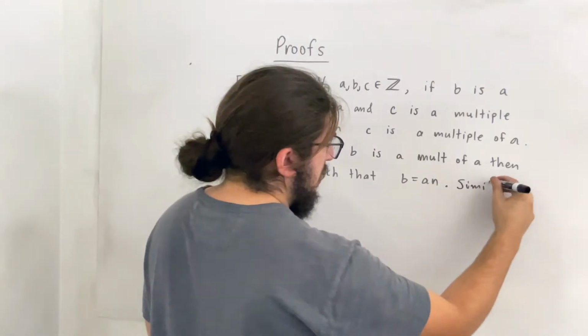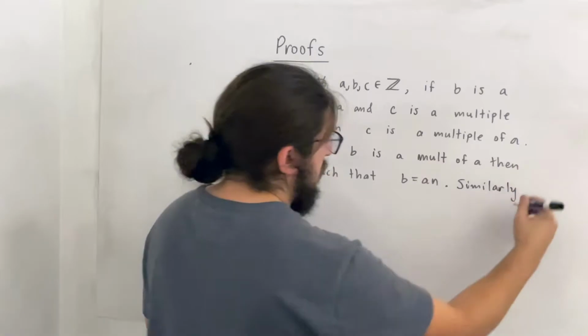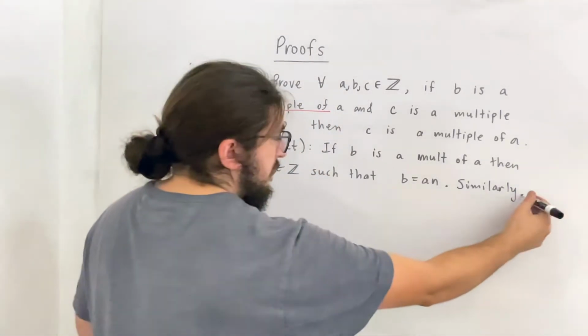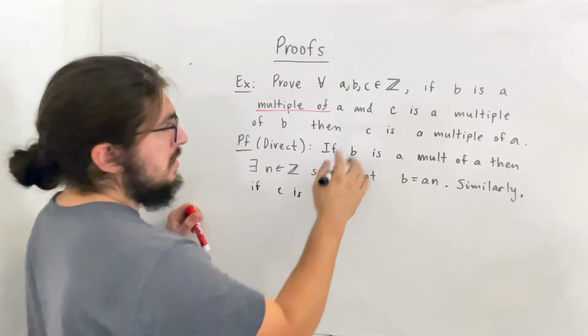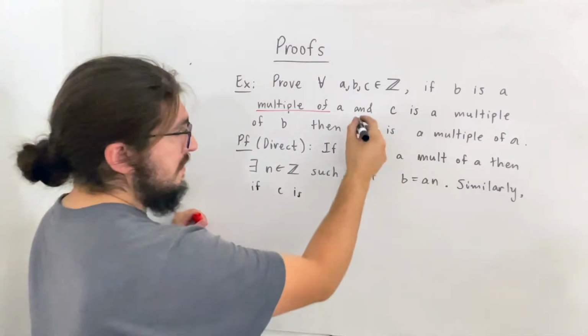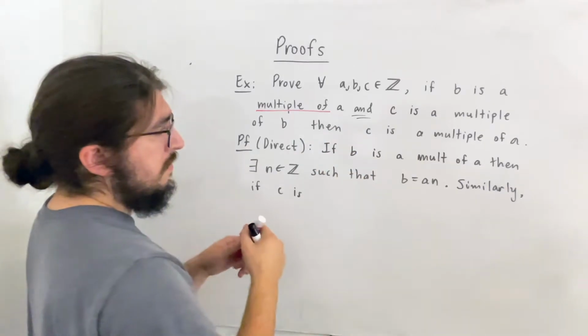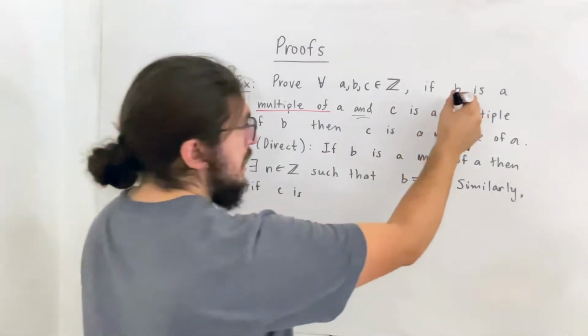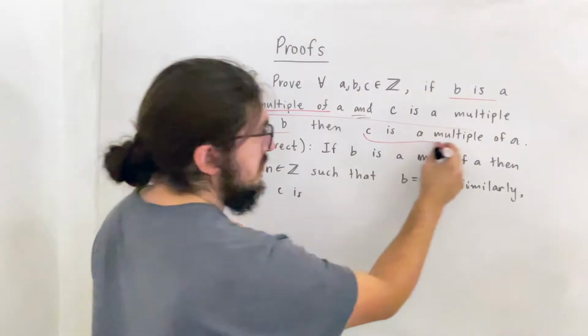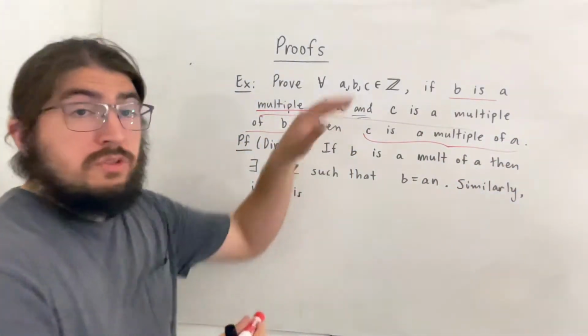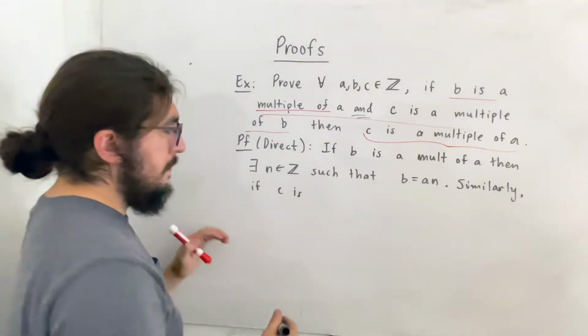Similarly, if c is a multiple of b, so that's our second one here, so we have this and. So this is part of our hypothesis, right? If this whole thing, then that. So we're trying to prove c is a multiple of a, assuming both of these are true because of the and statement, okay?